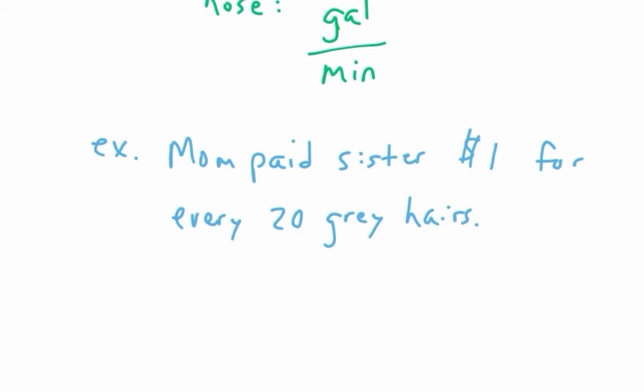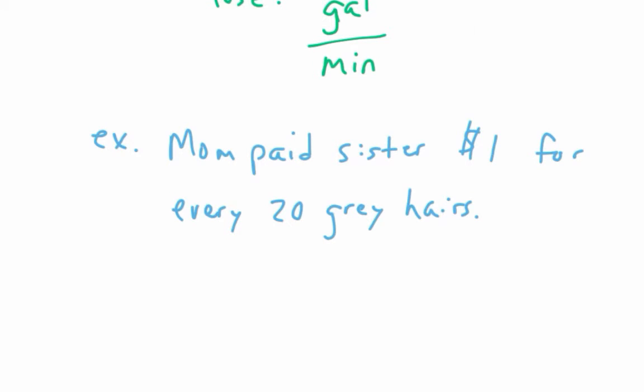If we wanted to figure out the units for that, if we were to do dollars per hair, we want to figure out what my sister is getting paid. She got paid $1 for every 20 hairs. So does it make sense to write it that way? $1 divided by 20 hairs? Well, that's one way you could write it.